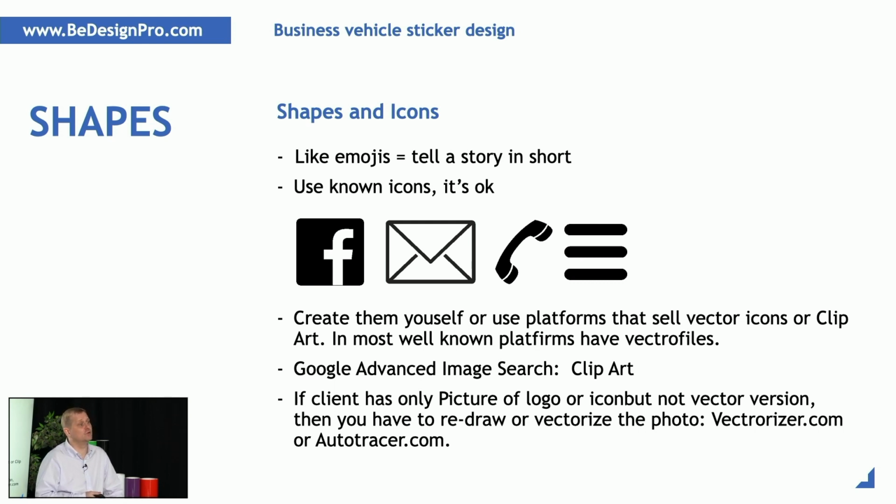Also, they let you bring variety to your design, so you do not have so much text. On the other hand, they help you to put even less text in your design. Instead of email, put an envelope icon. Instead of phone text, put the phone icon. Everybody understands them instantly.